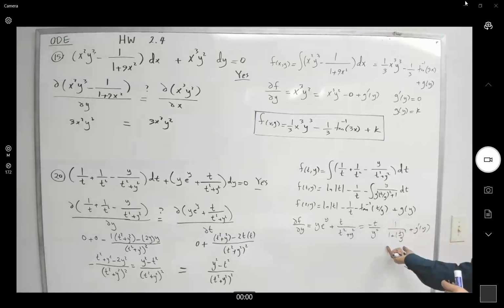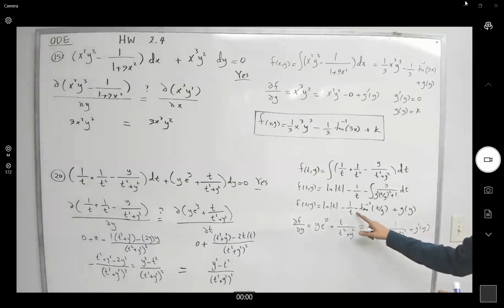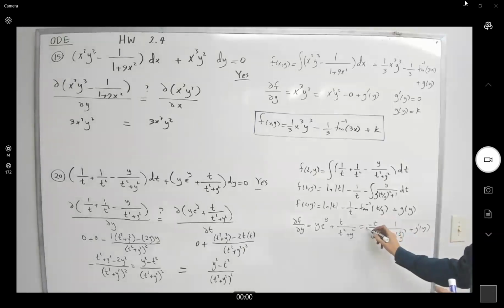So if you simplify this expression, and because of the negative sign that we have, let me see what we can do. Okay, it already has a negative sign and it has another negative sign, so we're going to plug that in.